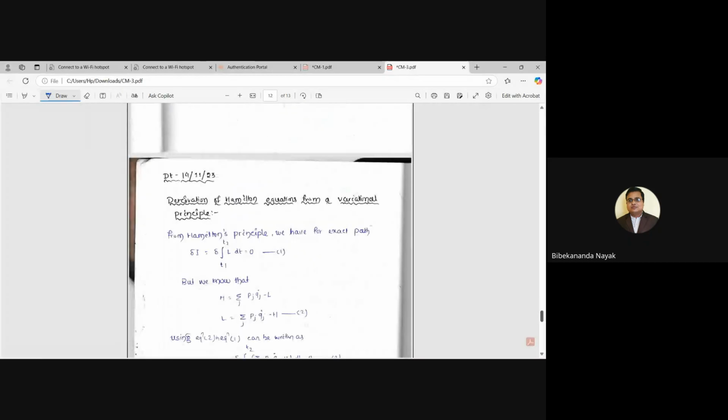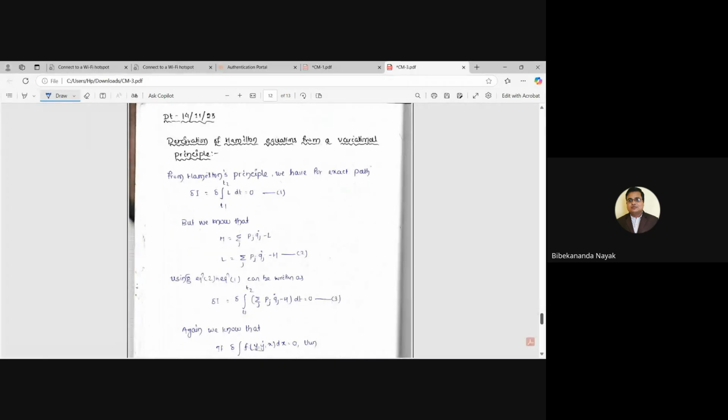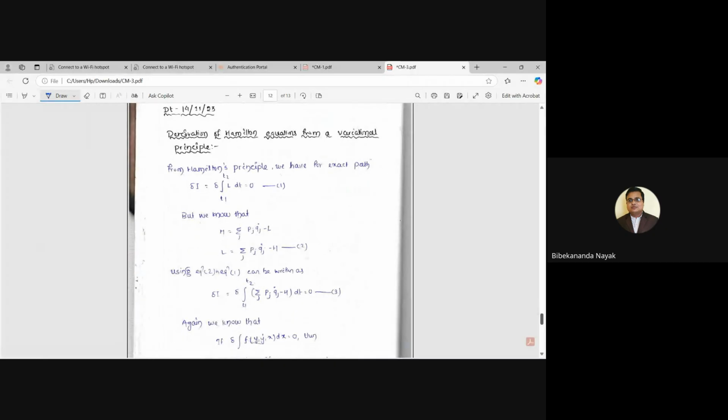There is a derivation of Hamilton's equation from a variational principle. We know from Hamilton's principle that for the exact path of motion it is stationary, so its variation is 0. Now, in place of L, put this.